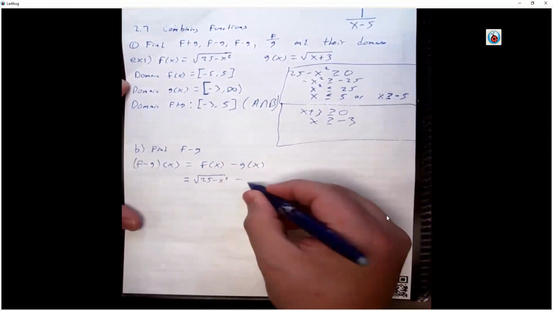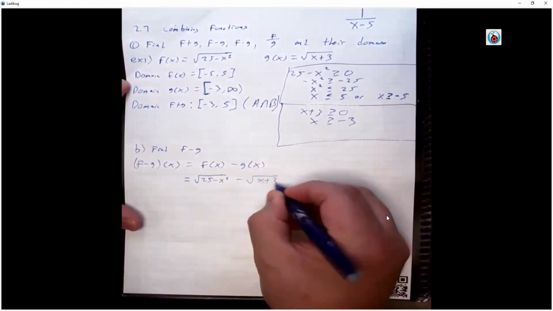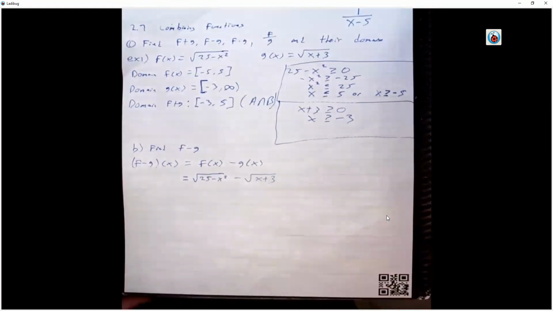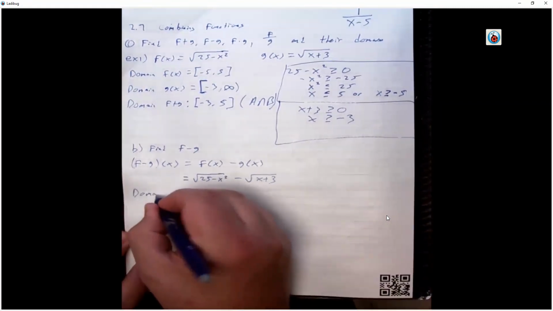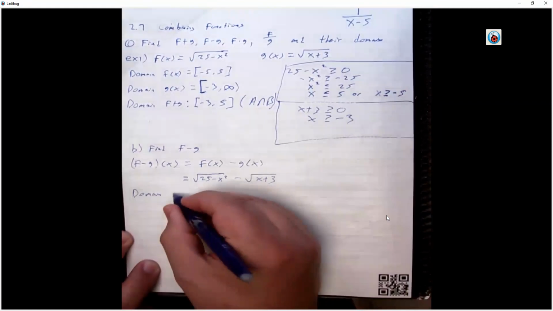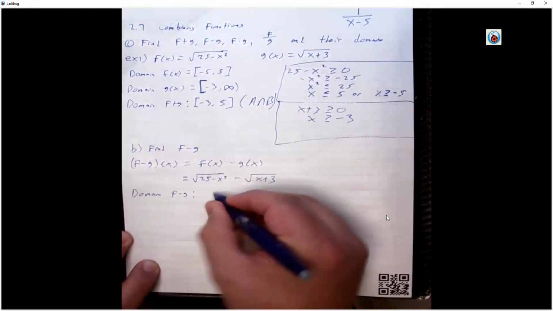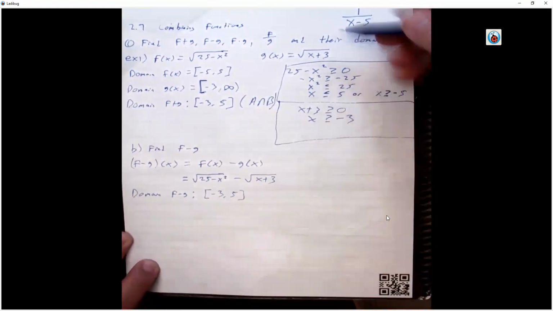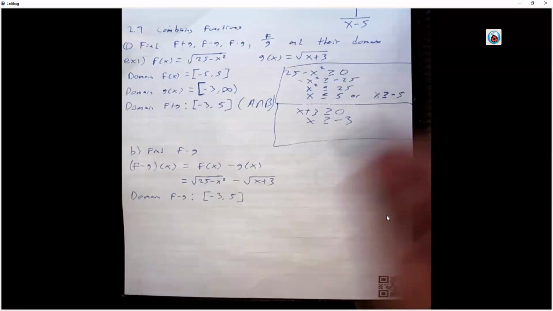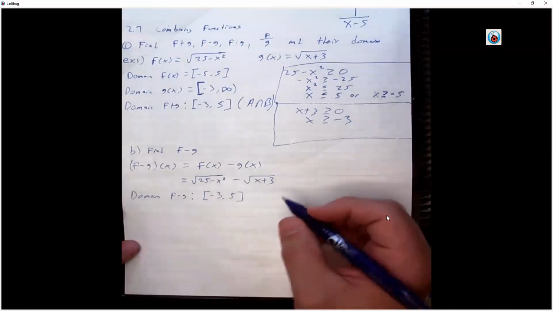You can't combine them. So that's it. And then the domain is the same as the first one. So once you do all this work up here, the rest come out pretty quick. Any questions on part B?